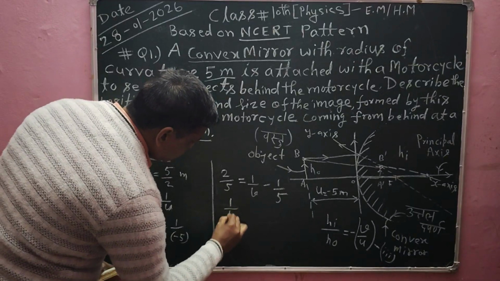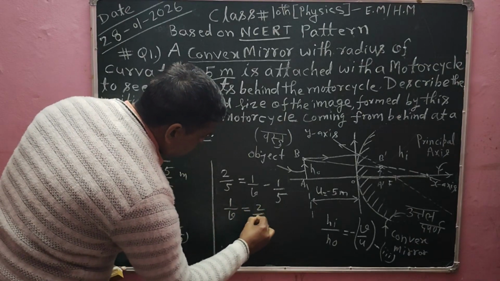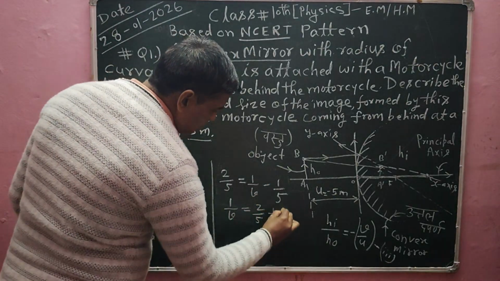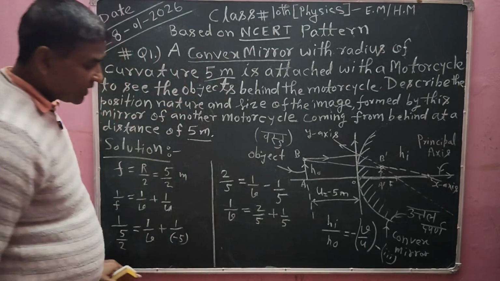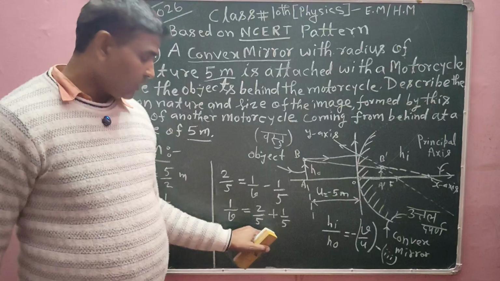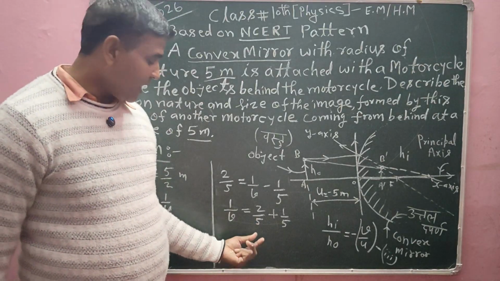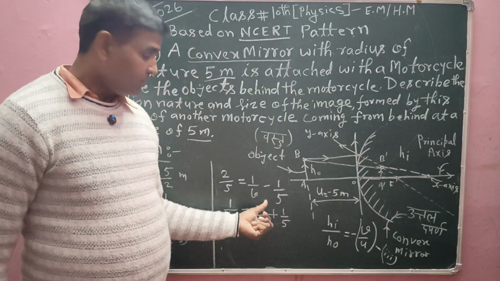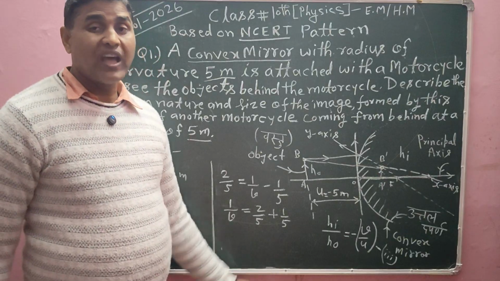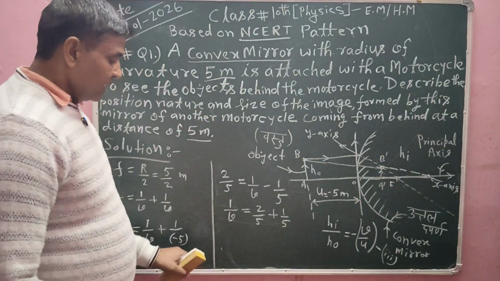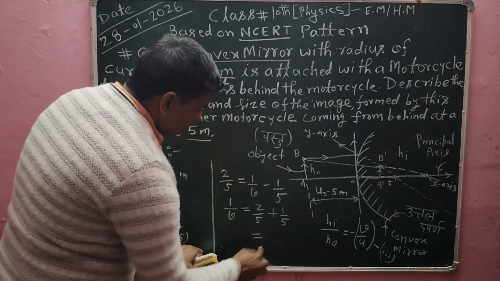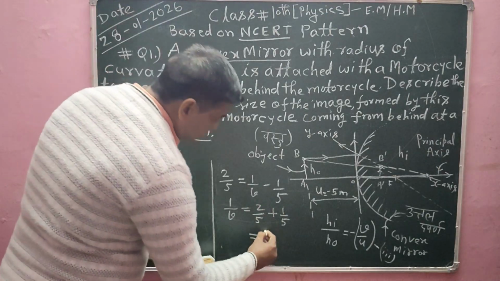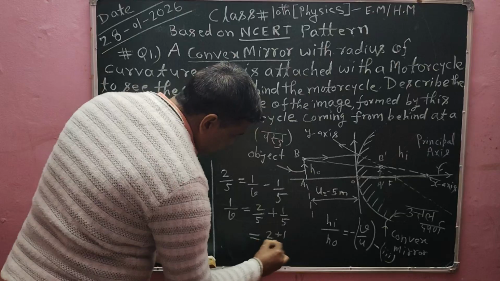Now further I can write here 1 by V, which is equal to 2 by 5, and then this minus will come in the left hand side, it will be plus 1 by 5. So I will take LCM of 5 and 5. It means that here one information I am going to say, this is the like fraction, this is the like fraction, because numerators are different but denominators are same. So I will say this is the like fraction. So I will simplify the numerator, I will add 2 plus 1 divided by 5.